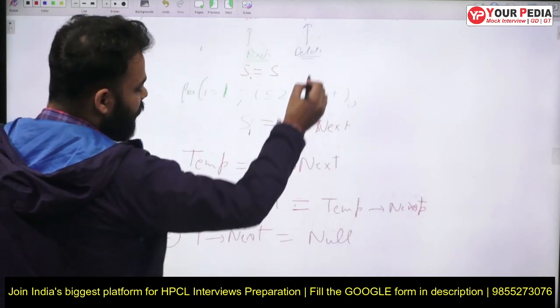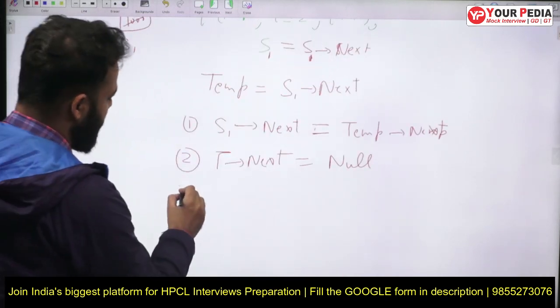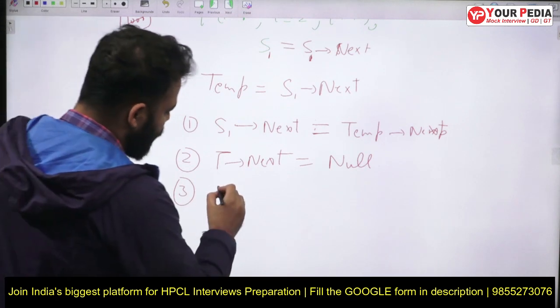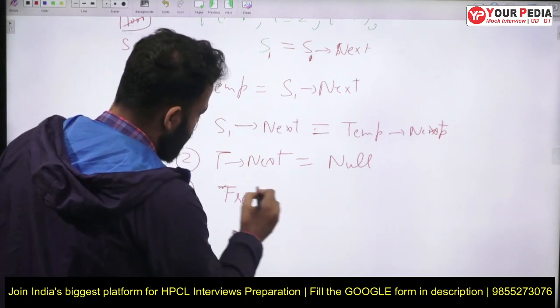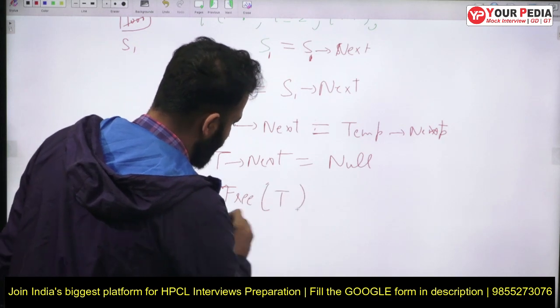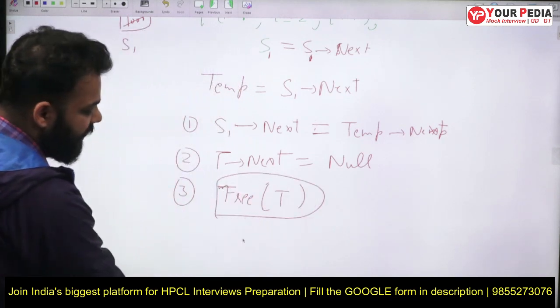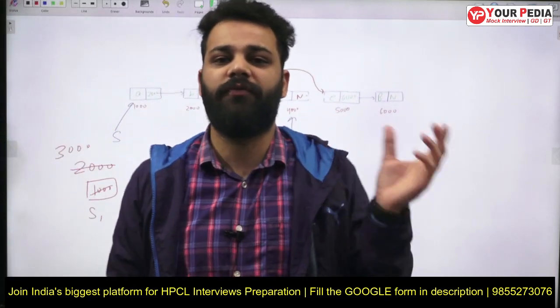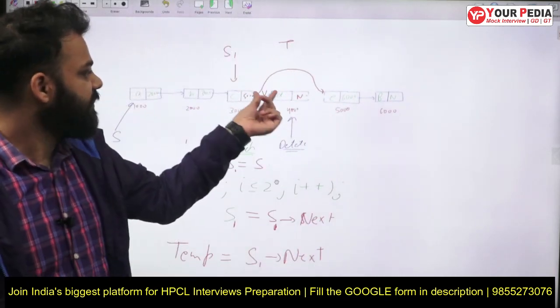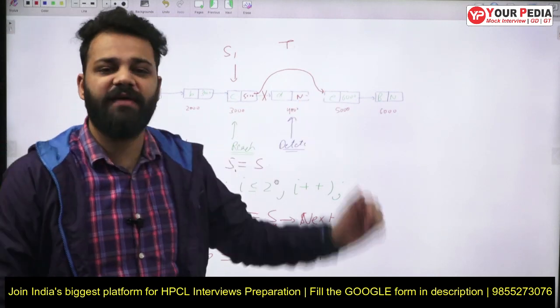Now the third and foremost important step is we will free T. Now what is free T? Let's say that you have deleted this node from this linked list, but this node is still holding some memory.